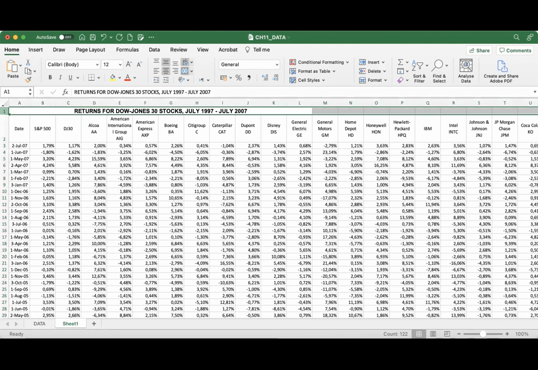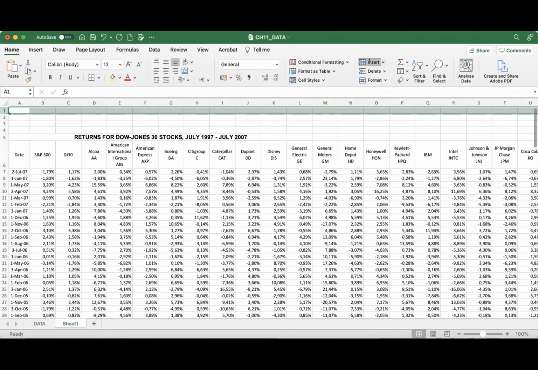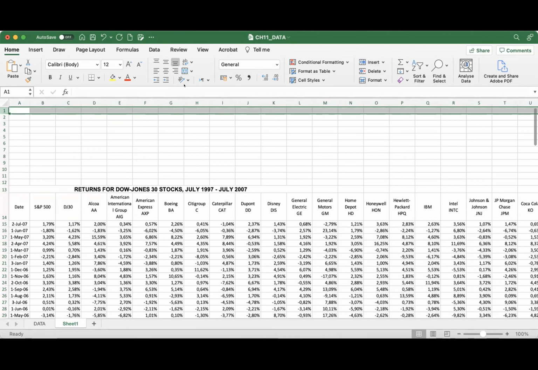So I will insert new rows above here. I'll call it first pass regression.